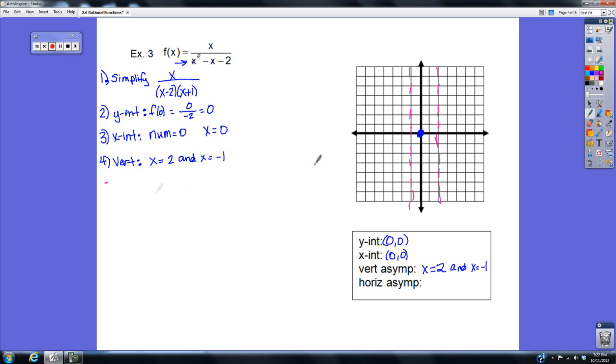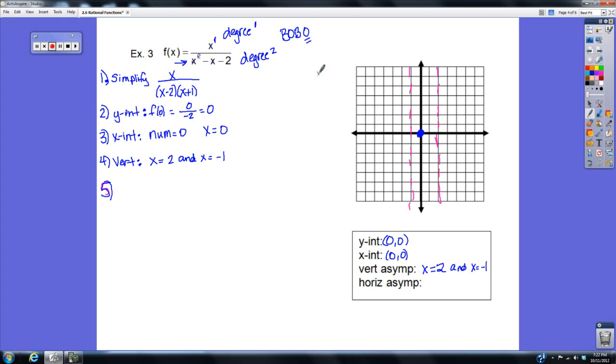Okay, horizontal asymptotes. Let's check out the degrees. The degree up here is 1. The degree down here is 2. Bigger on bottom.